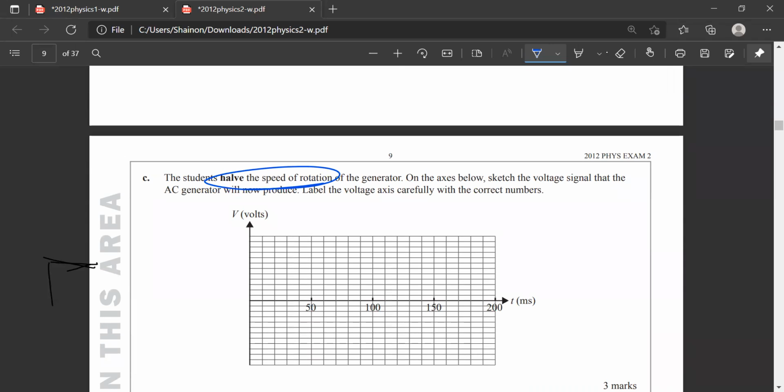The speed is halved. So as frequency is halved, the period is doubled.